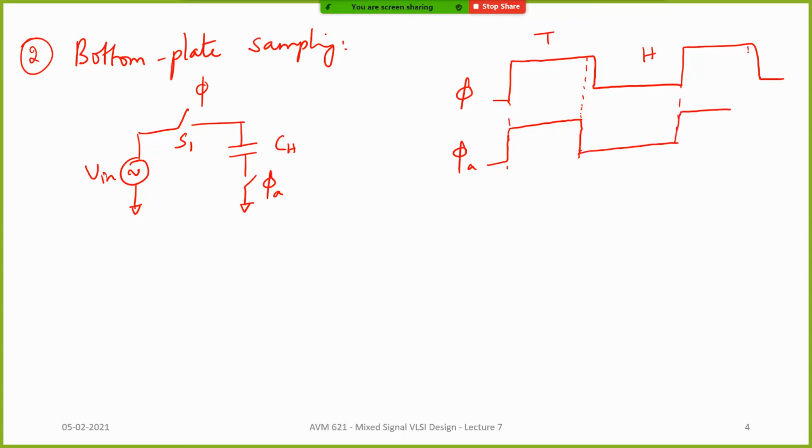It's not necessary to go up at the same time. You can even have non-overlapping phases, one within the other. But the important thing is that it turns off before the main switch turns off.